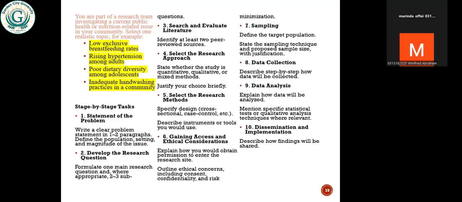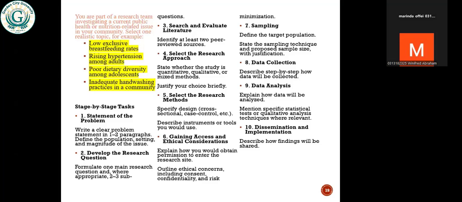Our question would be: what is the prevalence of low exclusive breastfeeding rate in Kumasi? This is a question and can be the main objective. The main objective would now be stated as to determine the rate of exclusive breastfeeding in Kumasi.